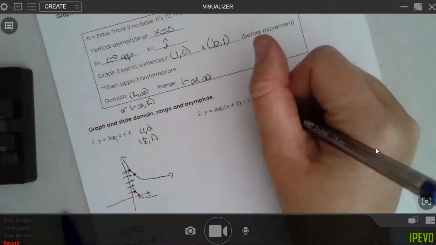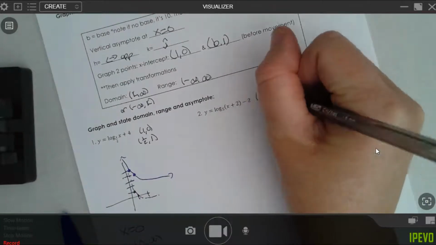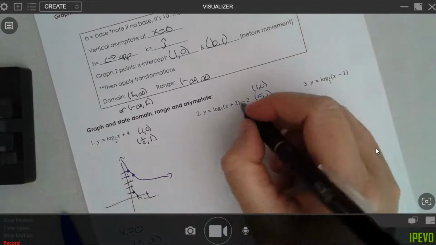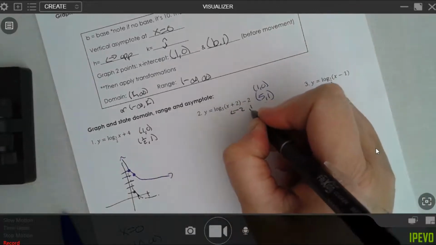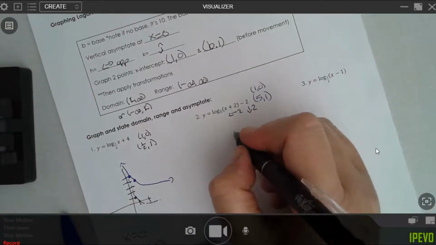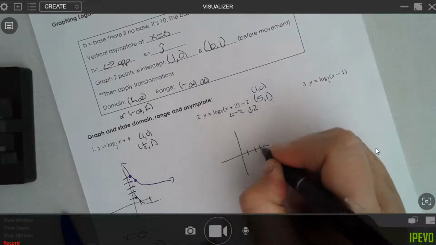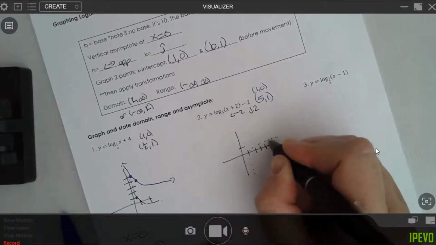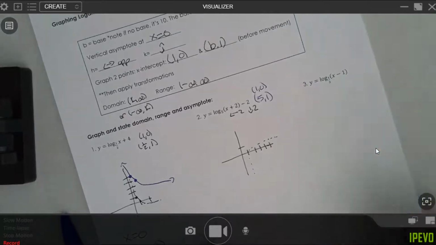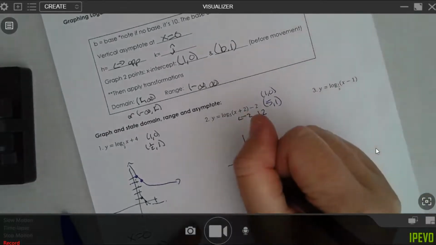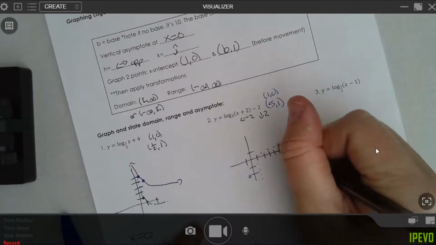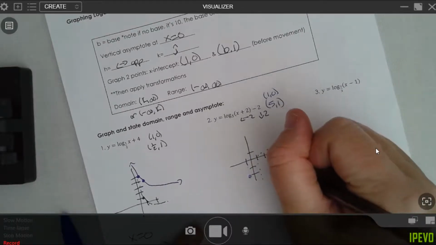So this one starts off at (5, 1) and (1, 0). Let me get my black. We're going to go left 2 and down 2 for our movements. Your graph without any movement would look like that. So I'm going to move both my dots left 2 and down 2.